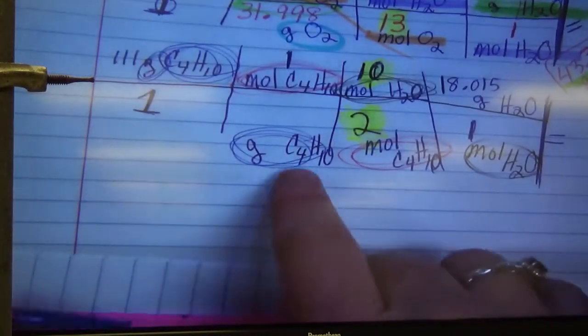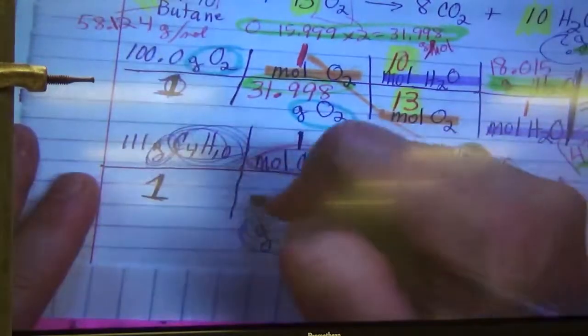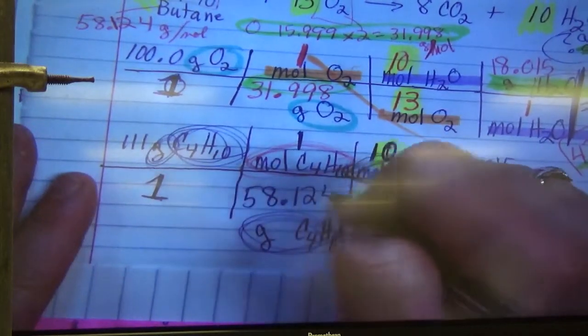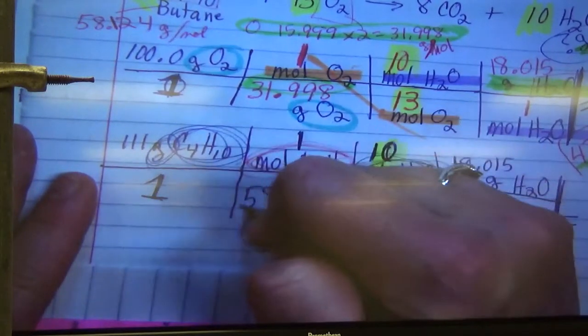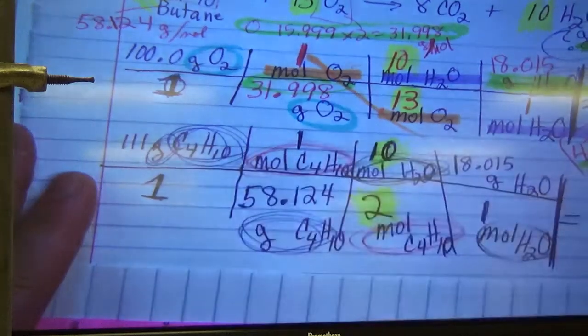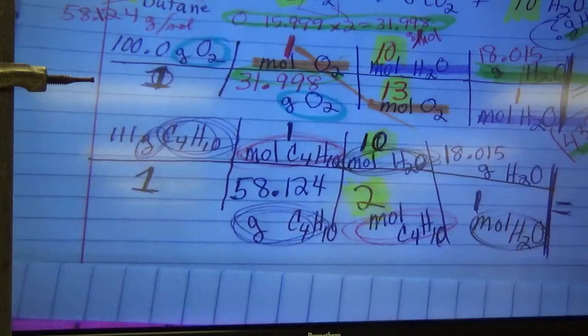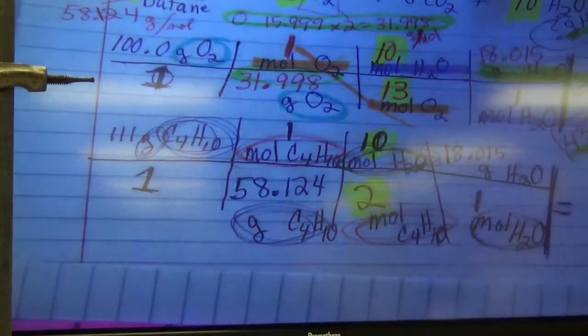That's when you would have had the periodic table, atomic masses, and you calculate C4H10. We have already found that to be 58.124. We did that in our previous class on grams to grams stoichiometry. Mass to mass, grams to grams.